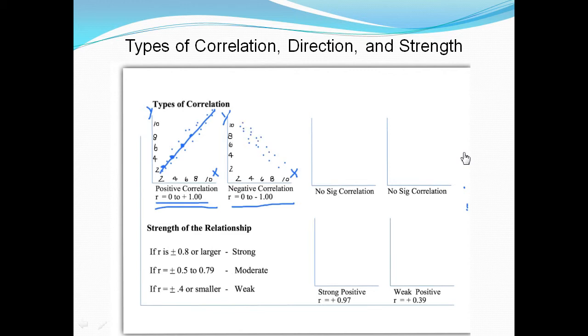So with a negative relationship, I draw my line through these points, and my line goes in a downward sloping direction. You'll see that now my R value is going to be from 0 to -1.